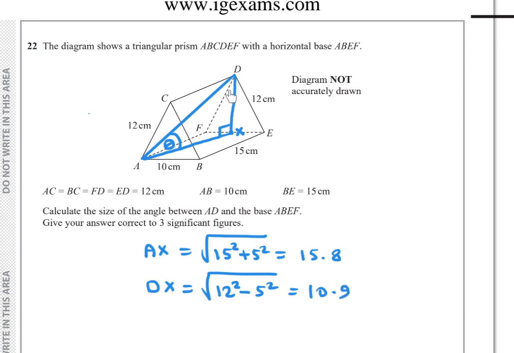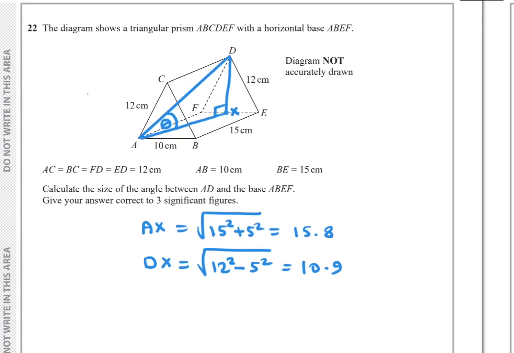Now we have the opposite and the adjacent, so we can use tan to find the angle. So the angle is tan inverse of the opposite, which is 10.9, over the adjacent, which is 15.8, equals 34.6.